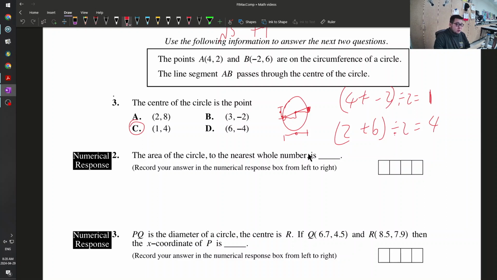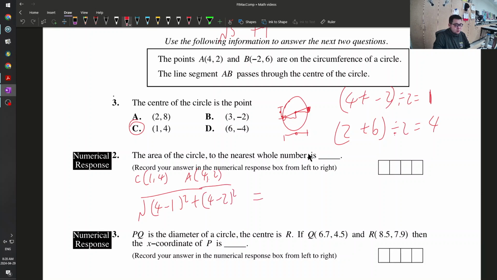So the center, let's call it C, is (1, 4), and I can use either point. I will use a positive one because it seems to be easier, (4, 2). So I will find the distance. So again, 4 minus 1 squared plus 4 minus 2 squared.